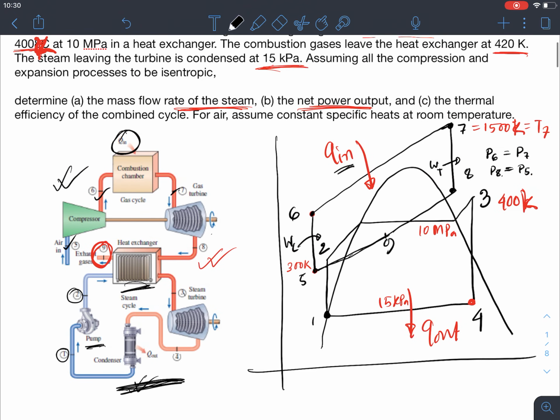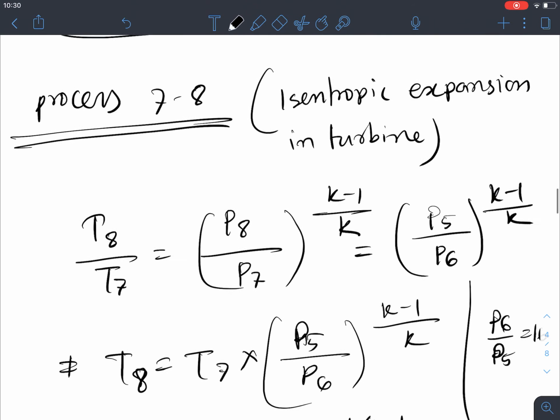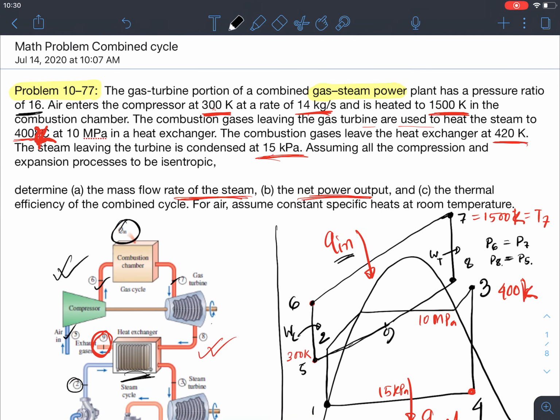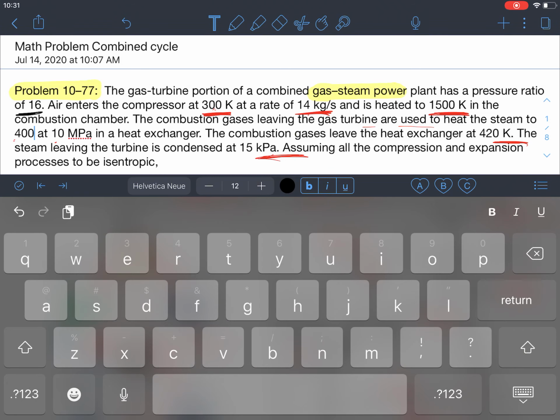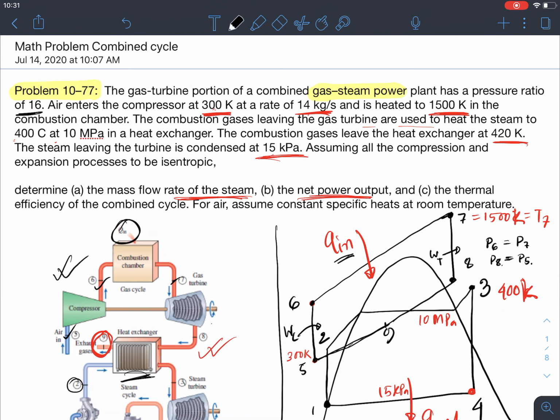Excuse me. Let's take a look at the problem. No, it's Celsius. 400 degrees Celsius.